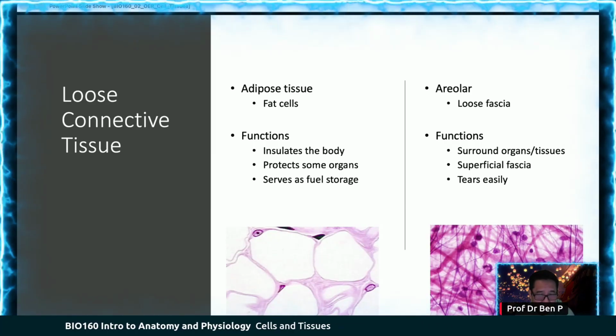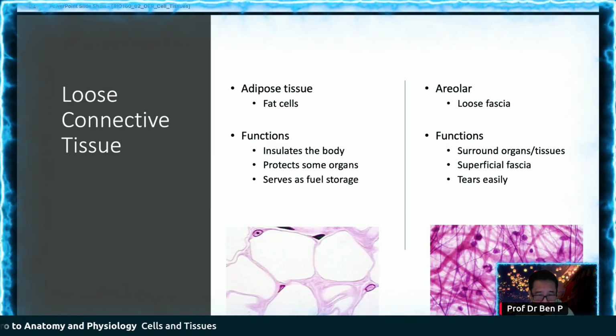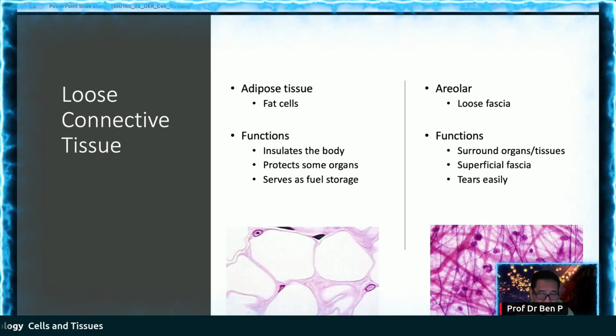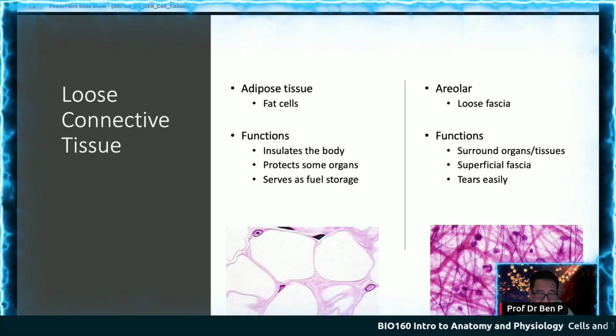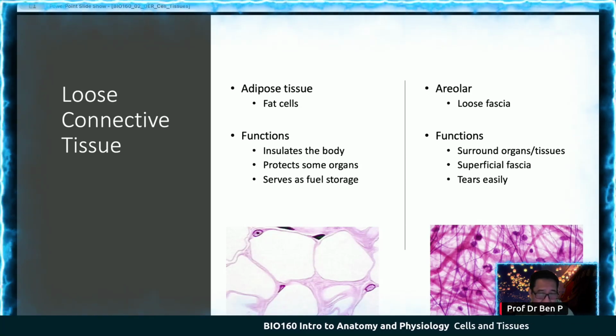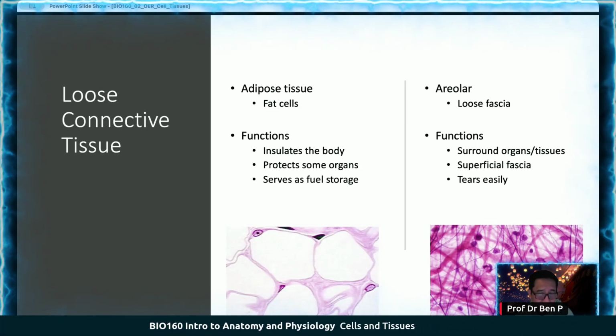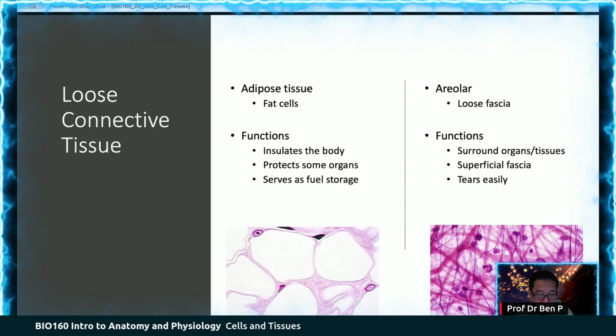Areolar, which is your loose connective tissue, is all over the place. Think of areolar as more like a filler, filling in the space. Superficial fascia, surrounding the organs, filling the space between your organs.